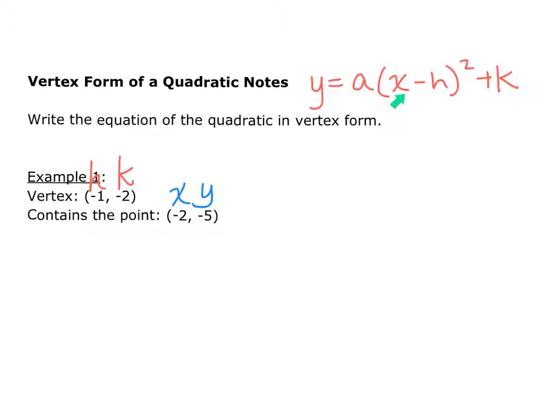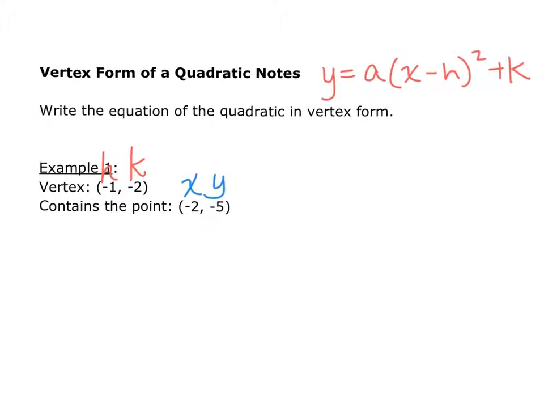A times x, hey, I've got a value for x also, minus h squared plus k, and we have a k also, right? All I have to do is plug in those 4 given values and solve for a, then I can write the equation for this parabola. So that's what we're going to do.